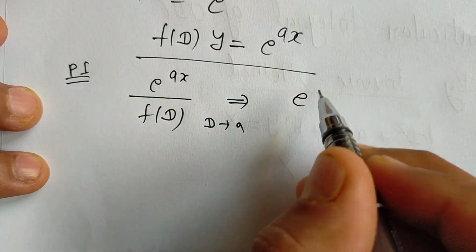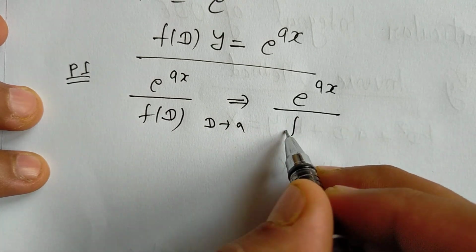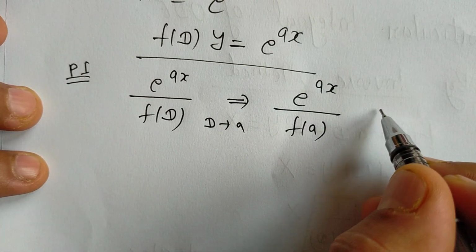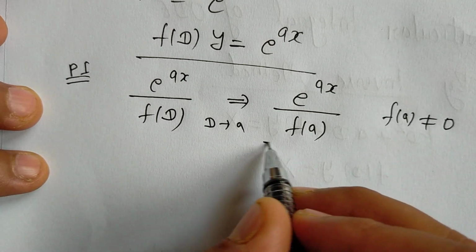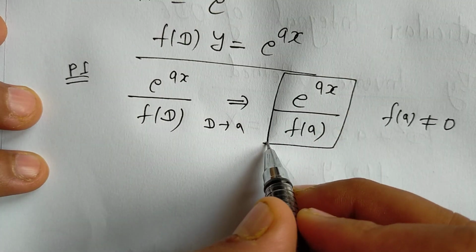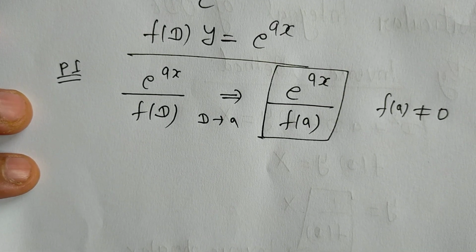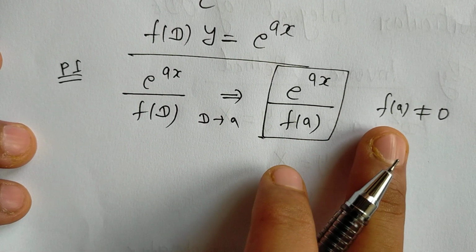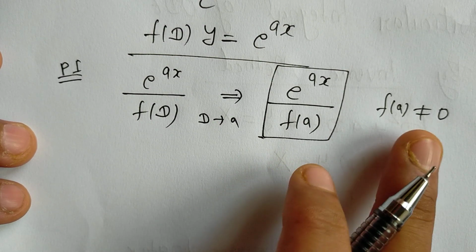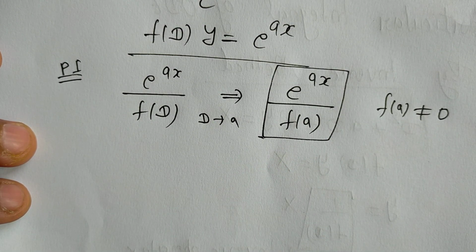So we have e power ax by f of a, provided f of a not equal to 0. So this is the particular integral, and we can get the answer immediately, provided f of a not equal to 0.